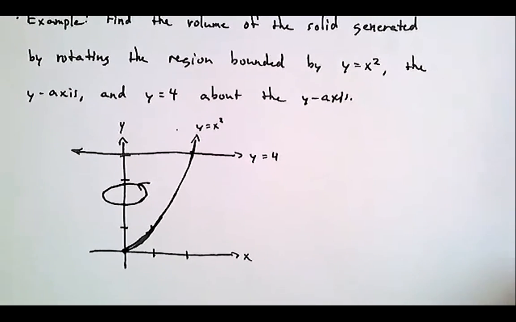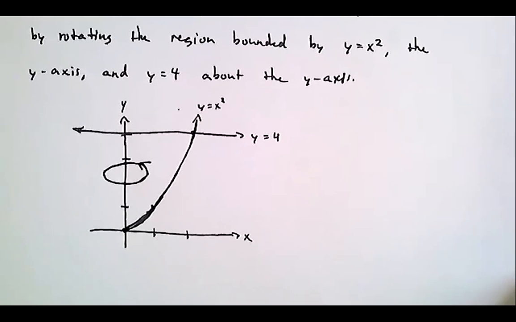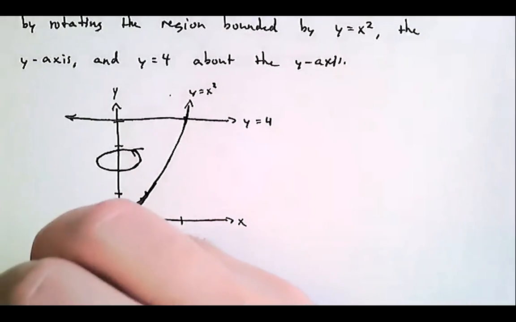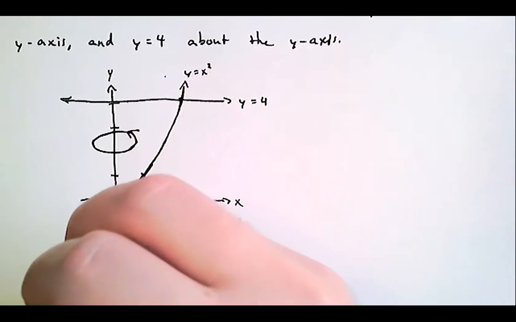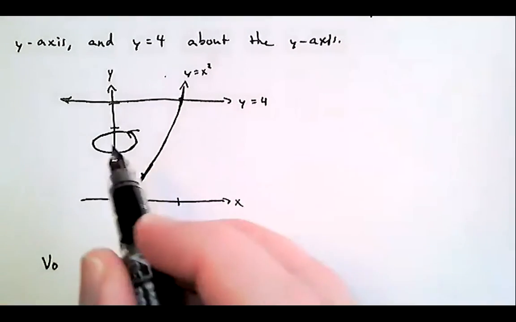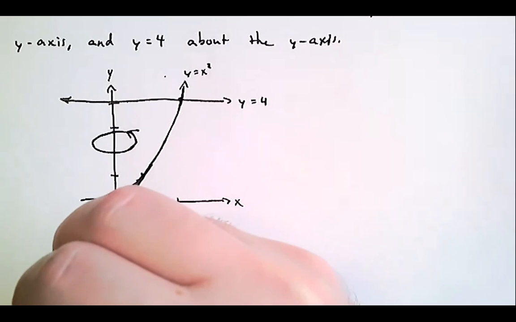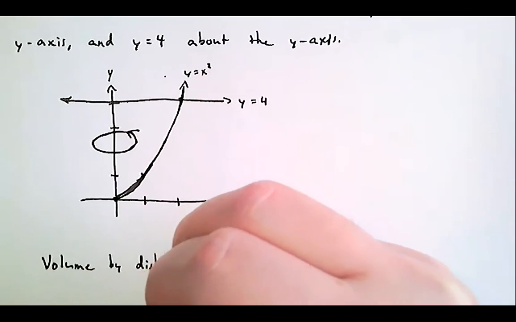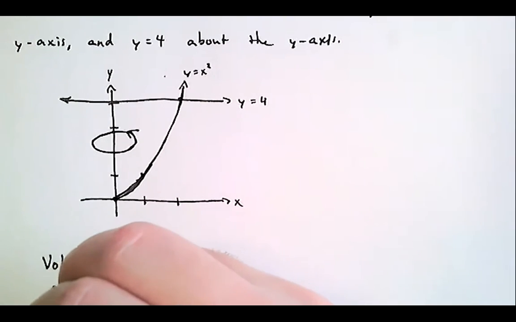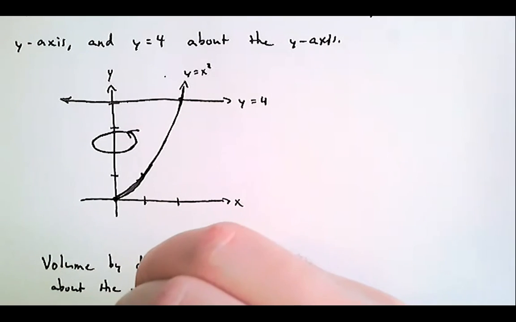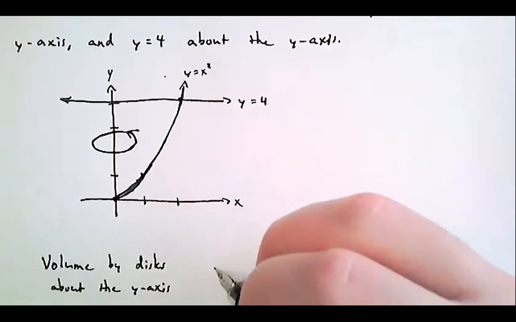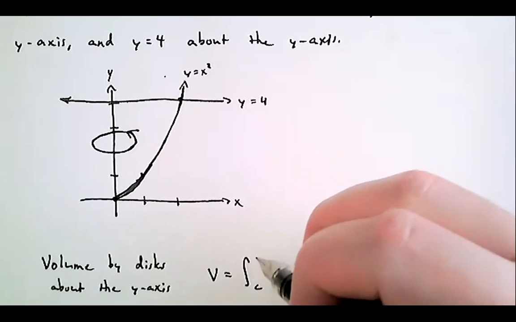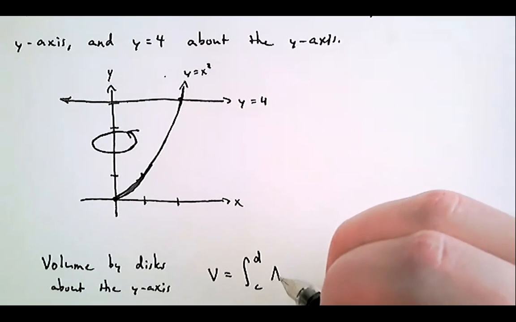Okay, so you might be wondering what formula we're going to use. And really, it's no different than before. So if we want the volume by disks, because we're making disks when we rotate about the y-axis, it's still going to be an integral of our cross-section areas.